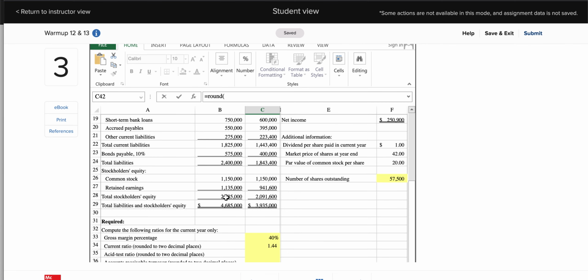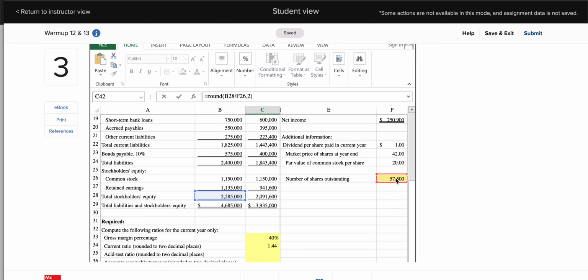I want to go grab the total stockholders' equity, and I'm going to divide that by, this is the book value per share, so I need the number of shares outstanding, and I want that rounded to 2 decimal places.